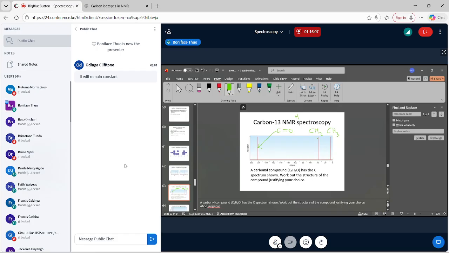So in how many ways can we attach these groups? The obvious one is to connect the hydrogen there and that carbon to that CH2, and that CH2 to that carbon of the compound. If you try any other connectivity, then it is not possible to explain each of these carbon peaks in this compound.